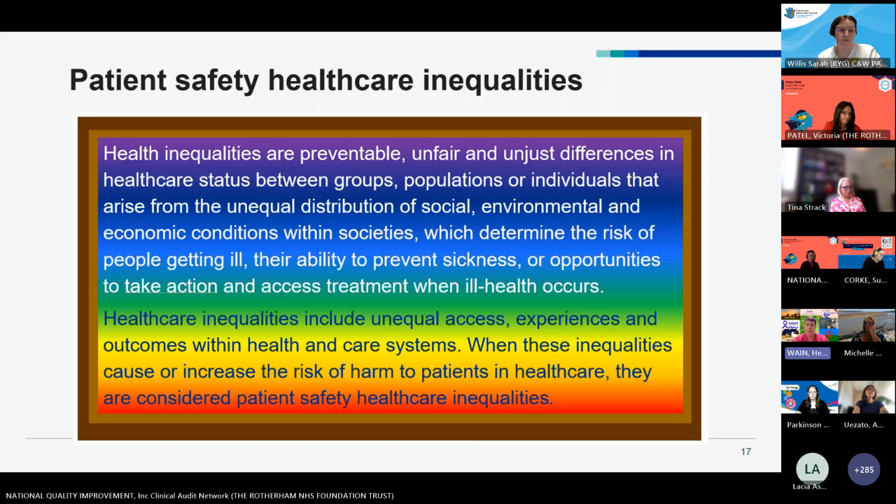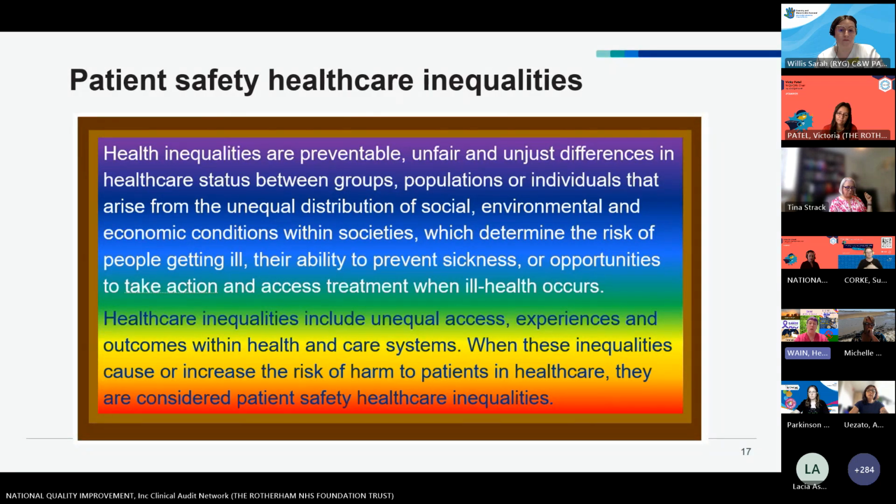So when we talk about patient safety, healthcare inequalities reduction, we realised we needed to clarify what we meant by that with a definition. And specifically here, if you focus on the blue writing at the bottom. So healthcare inequalities include unequal access, experiences and outcomes within health and care systems.